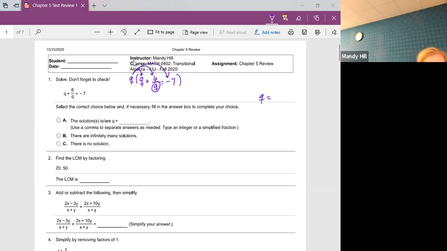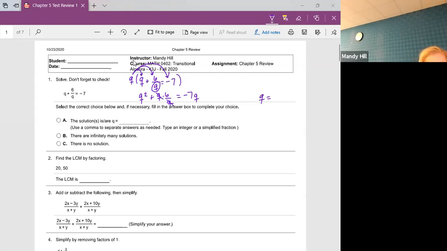If we do that, we're going to have Q times Q, which is Q squared. Let me just write this out so that you can see it. If we do Q times 6 over Q, what's going to end up happening is the Q on the top is going to cancel out with the Q on the bottom, and then we have an equal sign, and then we would do Q times -7, so that would be -7Q.